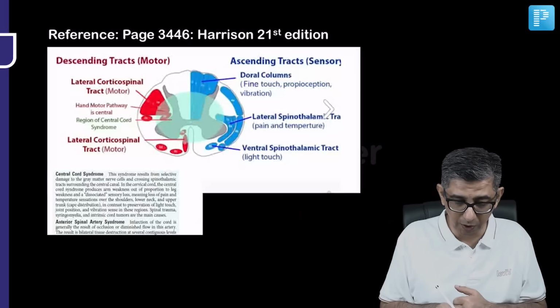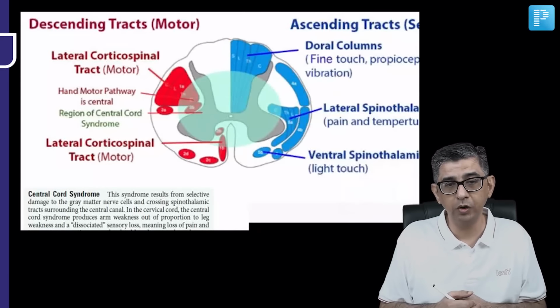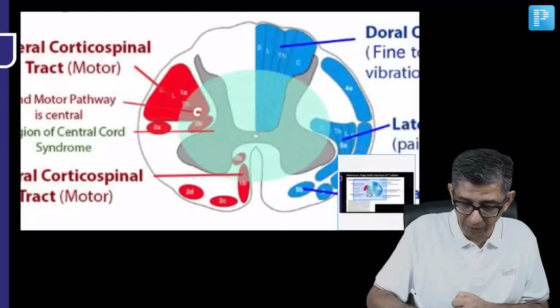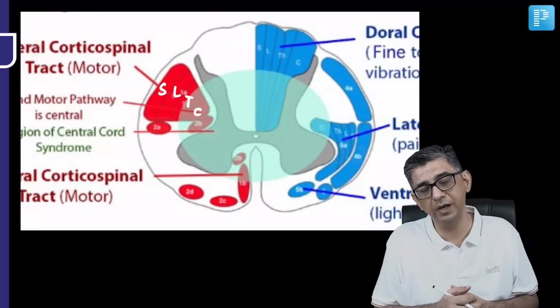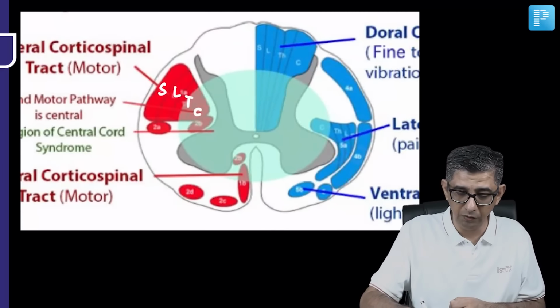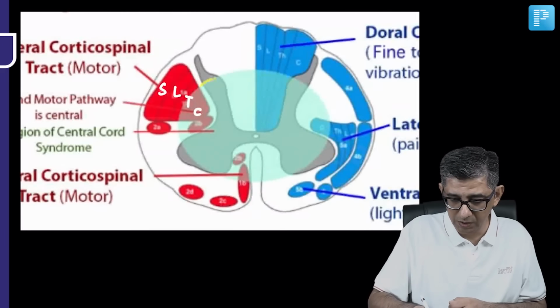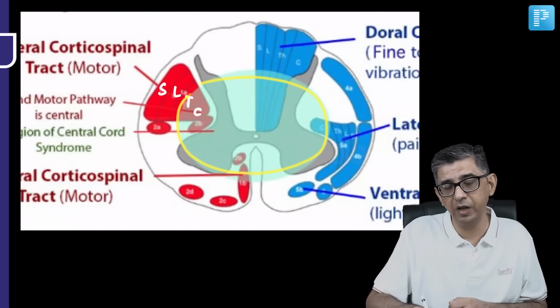So let me just show you a diagrammatic representation of central cord syndrome. In central cord syndrome, the corticospinal pathway would be involved. Now see what happens. Cervical fibers are present medially, then thoracic, then lumbar, and sacral fibers will be present most laterally. As you can see, if you look at the pointer here, in central cord syndrome, the cervical spine will be involved, but sacral sparing will be occurring.